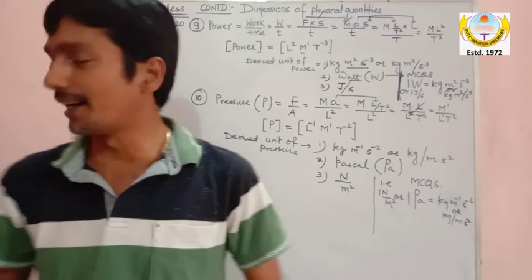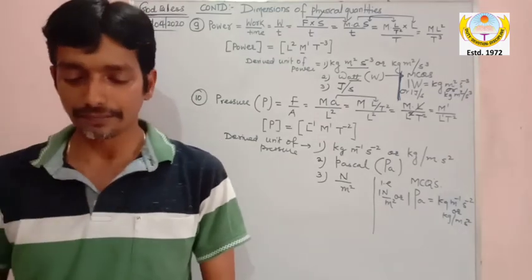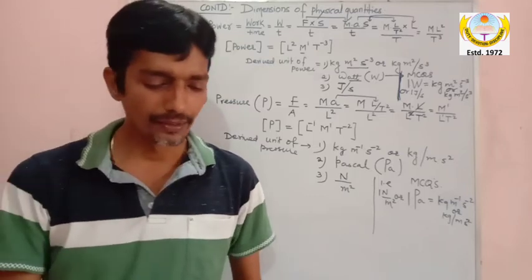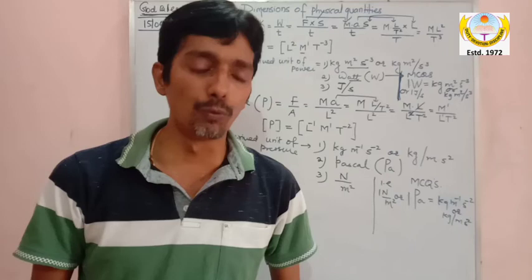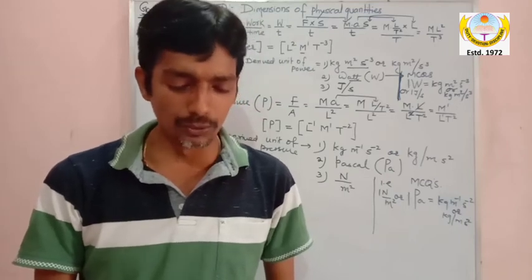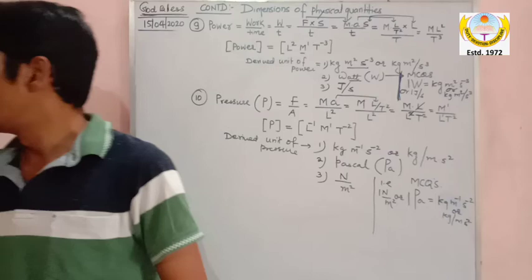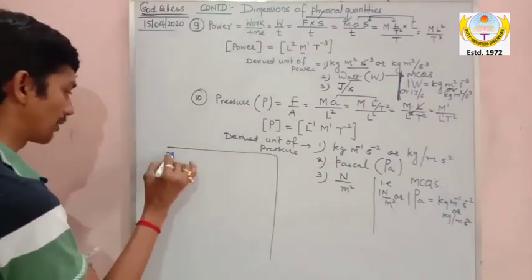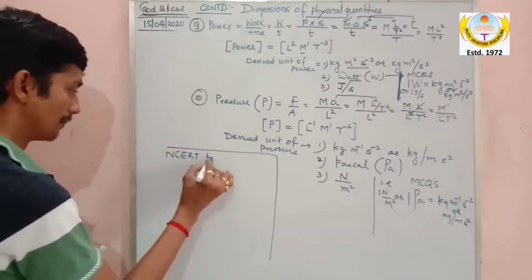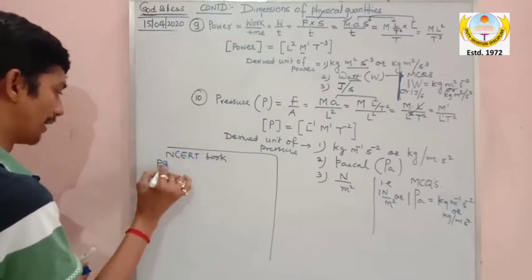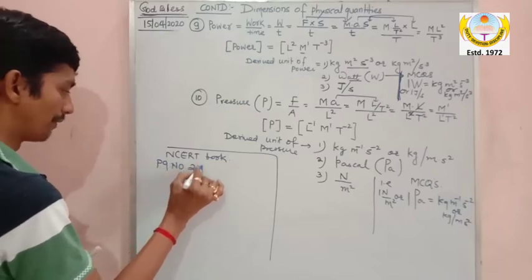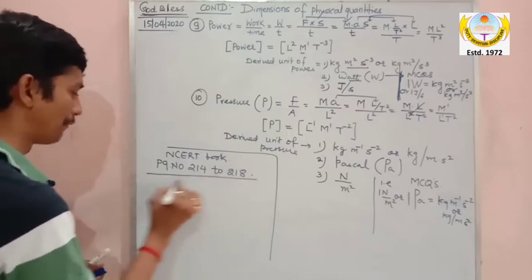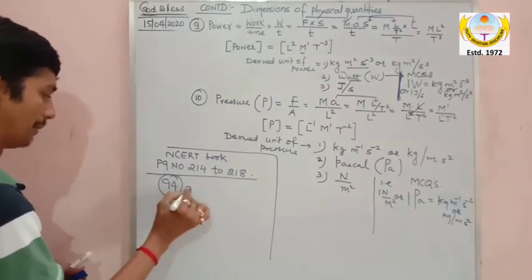My dear, in your NCERT book, on the page number 214, I repeat, on the page number 214 to 218, there are, my dear, 94 dimensions. 94 dimensions are given.